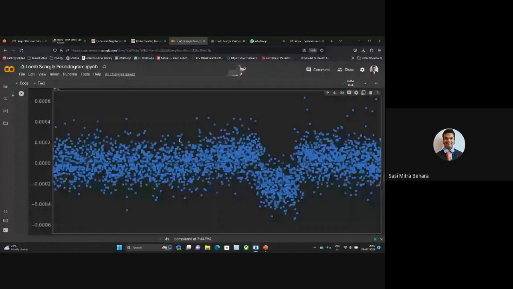Yeah, so see, when we are looking at a particular light curve, the flux versus time graph as Sasi showed, can you go there, Sasi? The one which had the pi minus one example that you showed. This one.